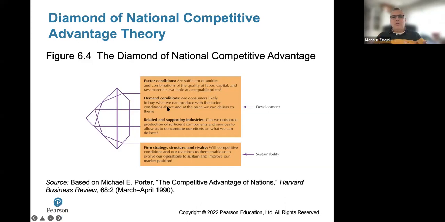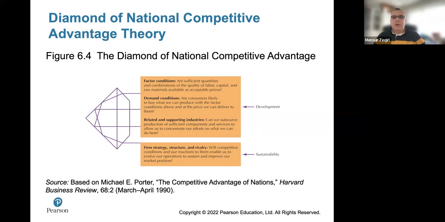So, are consumers likely to buy what we can produce using the factor conditions that we have above? You cannot produce luxury, expensive products when your consumers are not likely to buy, for example, when the per capita income is low.